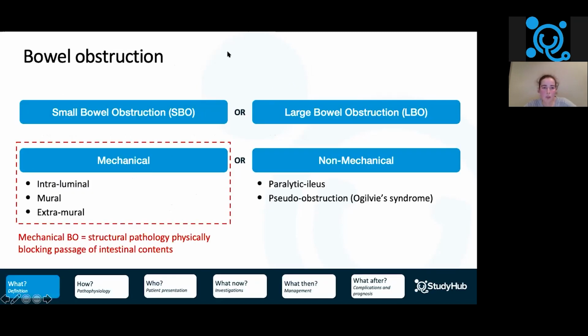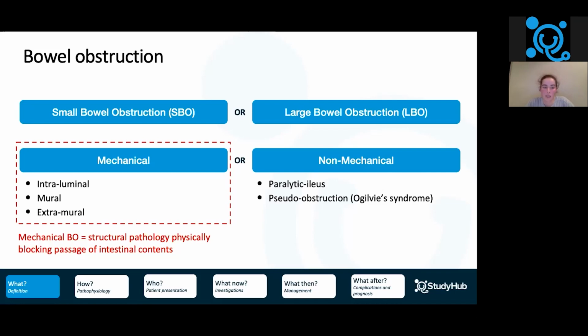Now I'm going to talk about bowel obstruction. We can divide bowel obstruction into small bowel obstruction and large bowel obstruction. And then within that, we can think about mechanical and non-mechanical obstruction. When we say bowel obstruction, we usually mean mechanical obstruction, and by that I mean any structural pathology that physically blocks the passage of intestinal contents.